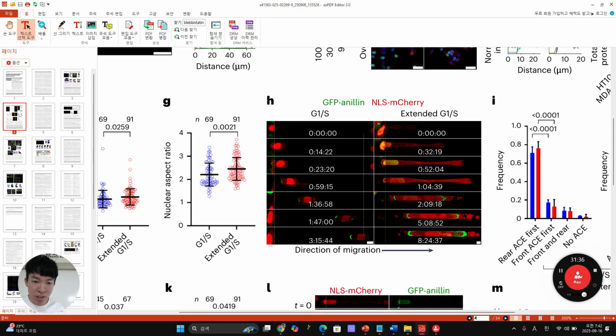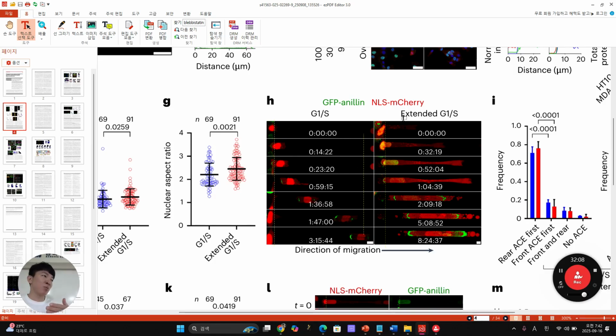This is from the back, a little front, back, front, back, a little front. This happens over time, not only in G1S but also in extended G1S. The important thing is that the extended G1S cells have a more saturated color, which means that their protein amount in the nucleus is larger than in normal cells because they are extended.